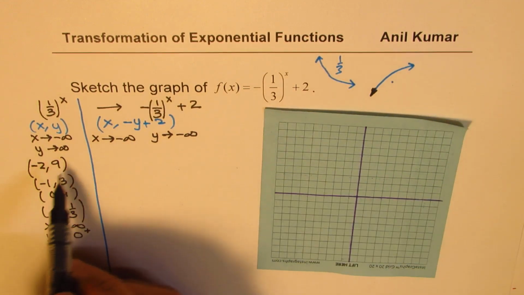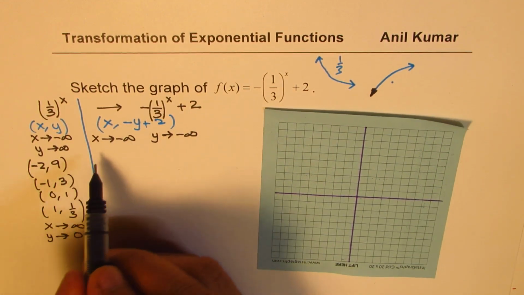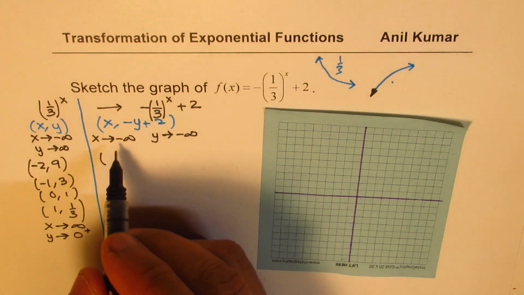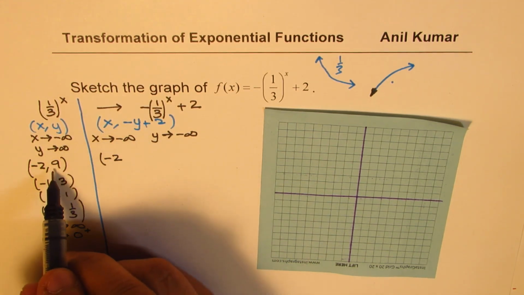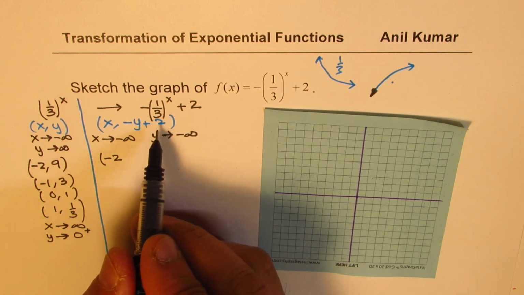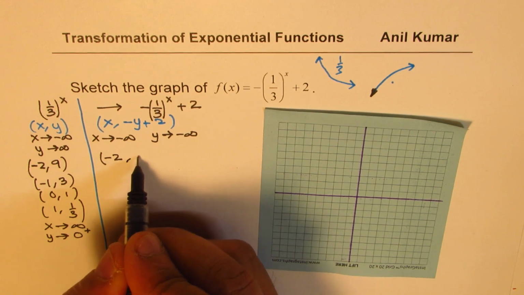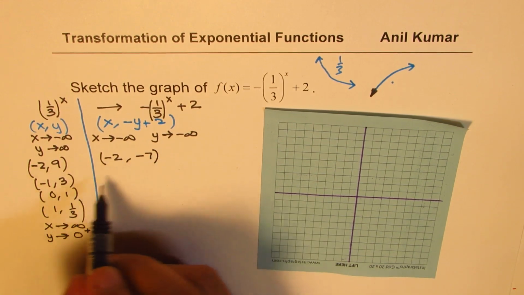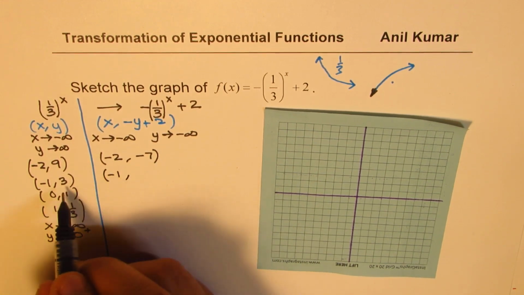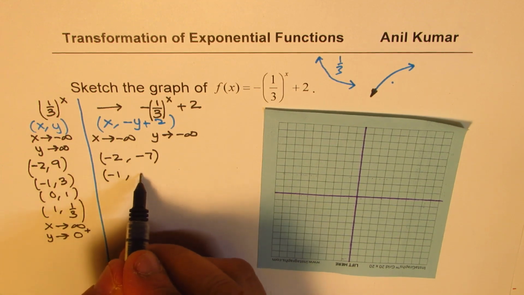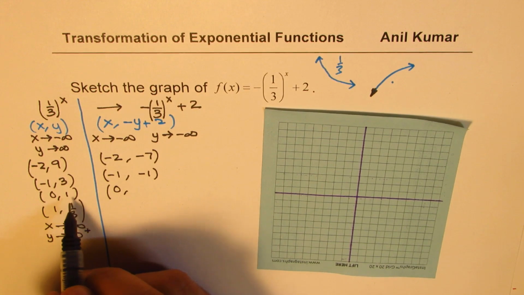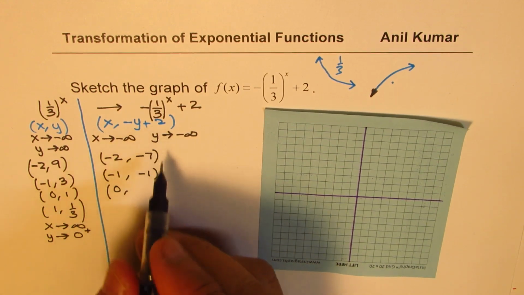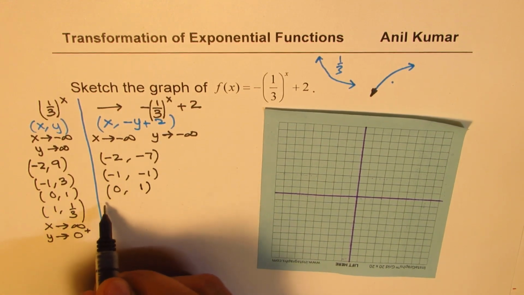Is that okay? Now, for minus 2 and 9, the x value remains the same, which is minus 2. The y value becomes negative, and then you add 2. So negative 9 plus 2 gives us negative 7. For minus 1, negative 3 plus 2 gives us negative 1. For 0, the x value being the same, negative 1 plus 2 gives us plus 1.